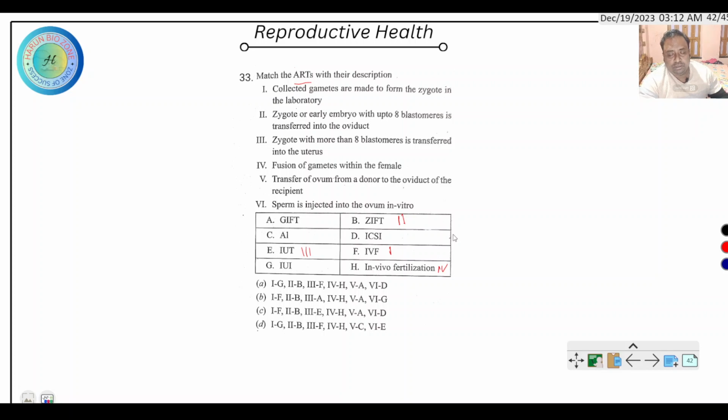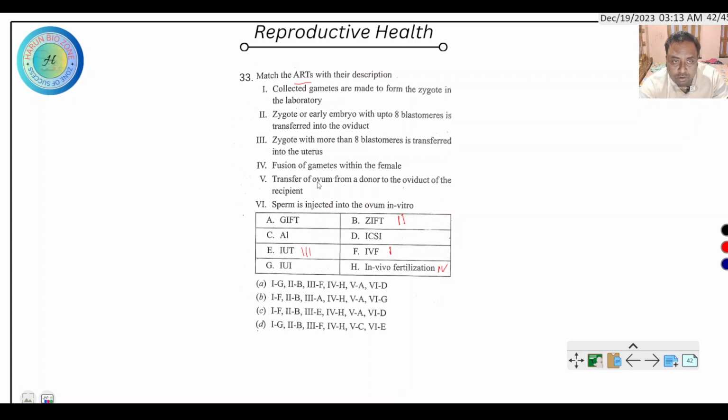Normally fertilization occurs in the ampulla isthmus region of the fallopian tube. Transfer of ovum from a donor to the oviduct of the recipient.